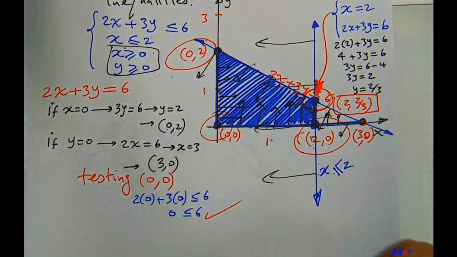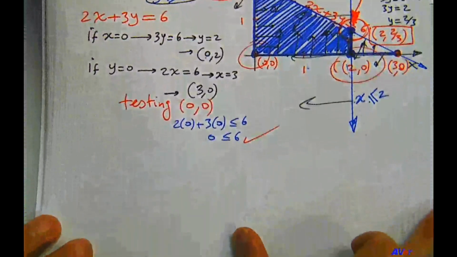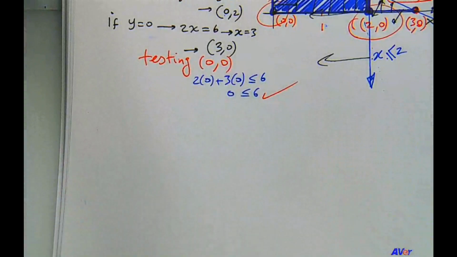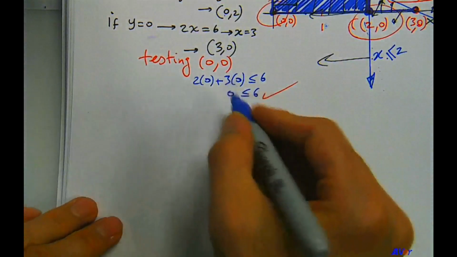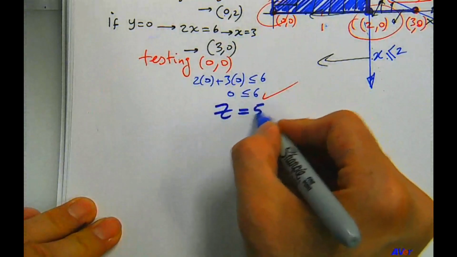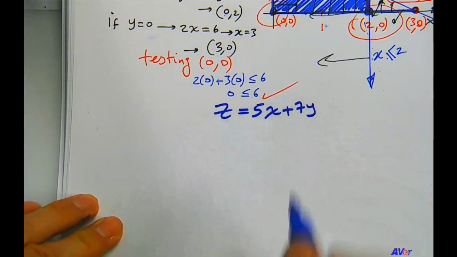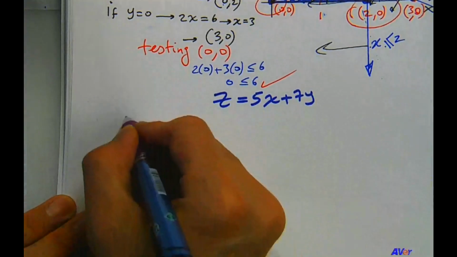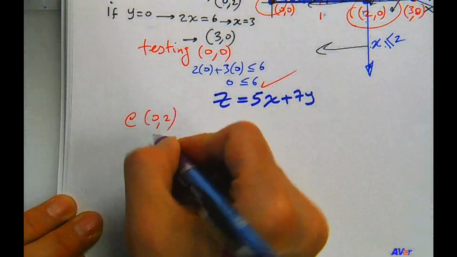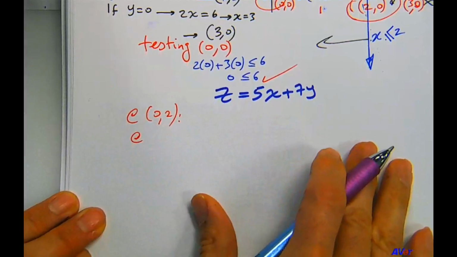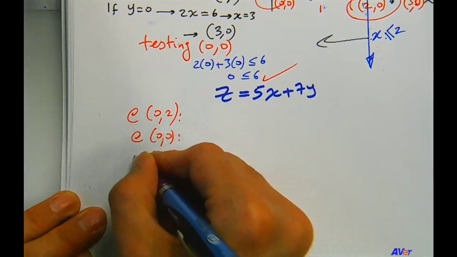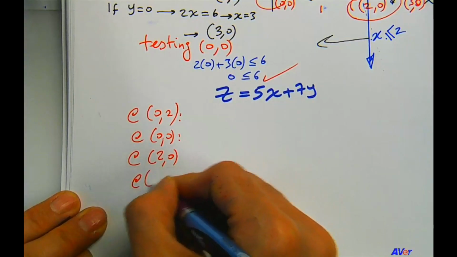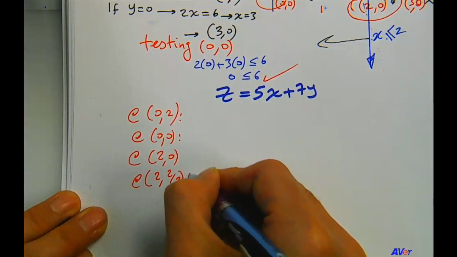We can plug into the objective function. I'm going to have to scroll up the graph, but I'm going to write everything down here so you can see what we're doing. So our objective function is z equals 5x plus 7y. We're maximizing this. And the corner points are, I'm going to go counterclockwise again, 0, 2, and 0, 0, and 2, 0, and 2, 2/3.